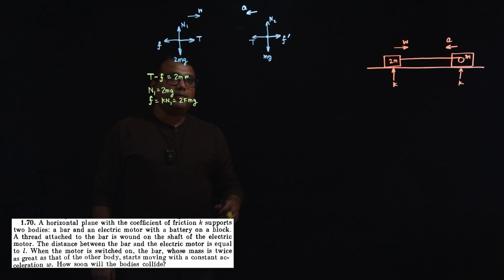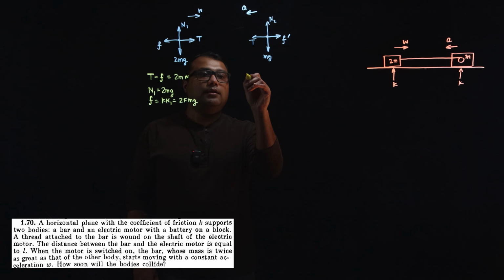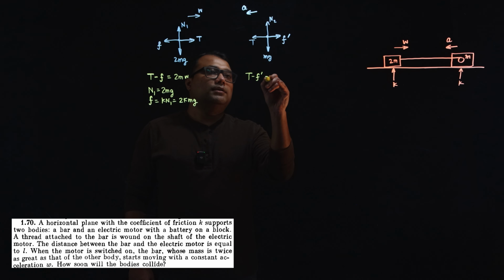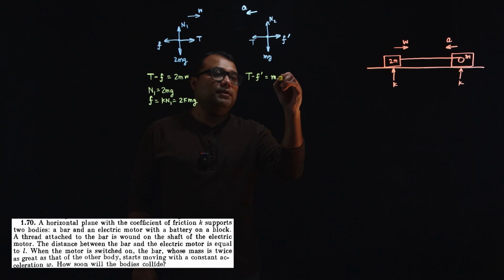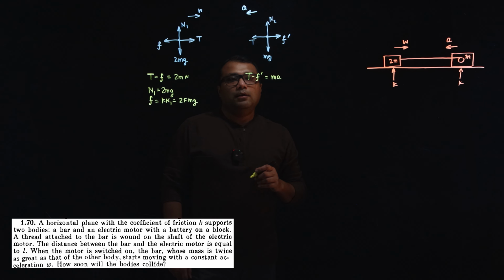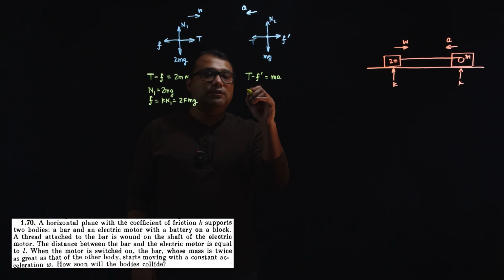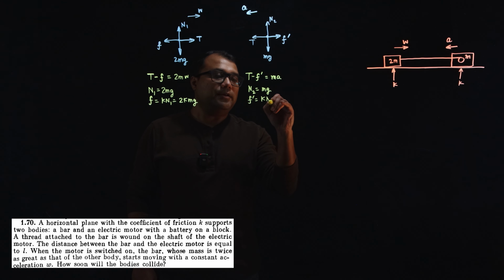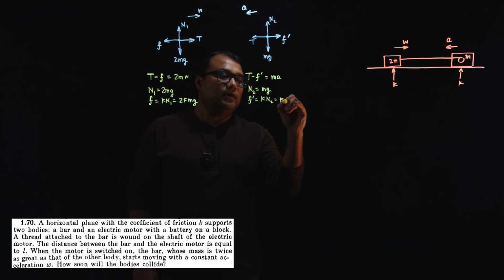From this one we can write tension minus F dashed is equal to the acceleration of the mass m, so m times A. Now in the vertical direction N2 is equal to mg, and F dashed, kinetic friction, is K N2, which is Kmg.